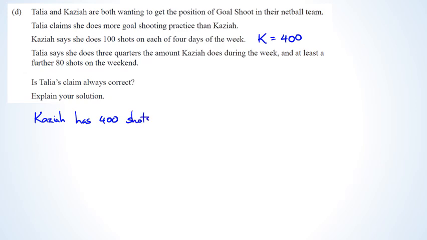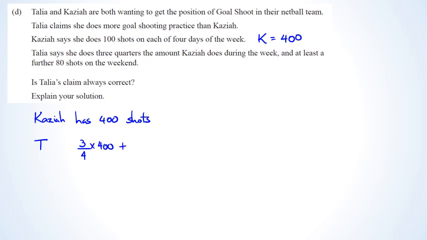All right. Now the second part says Talia does 3/4 the amount during the week and at least a further 80 shots in the weekend. So if you're going to write this as an equation, Talia does 3/4 of the amount Kazaya does. So that's 3/4 of 400 and at least a further 80 shots.